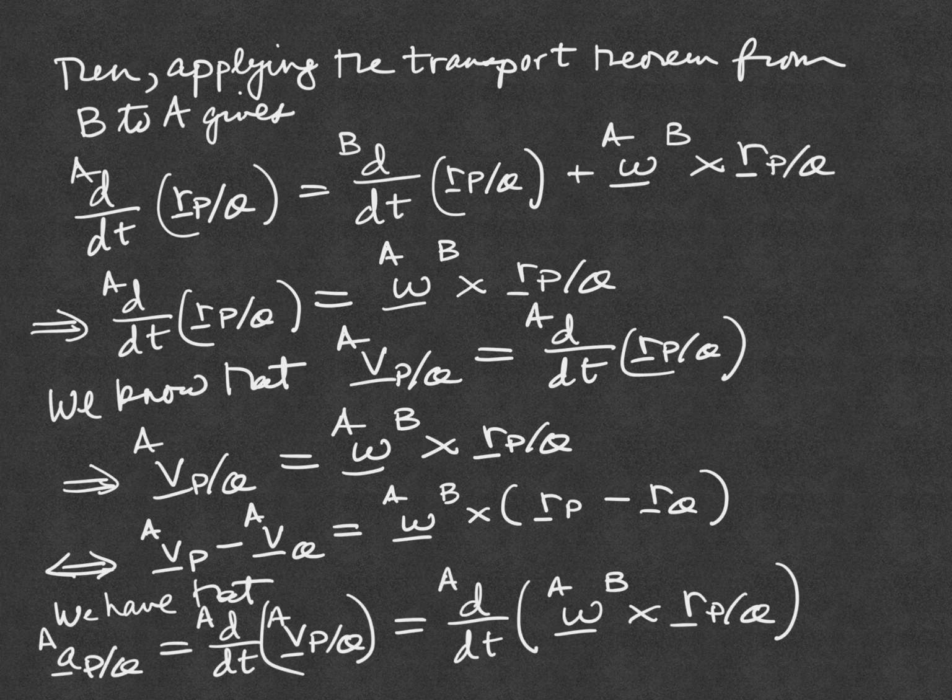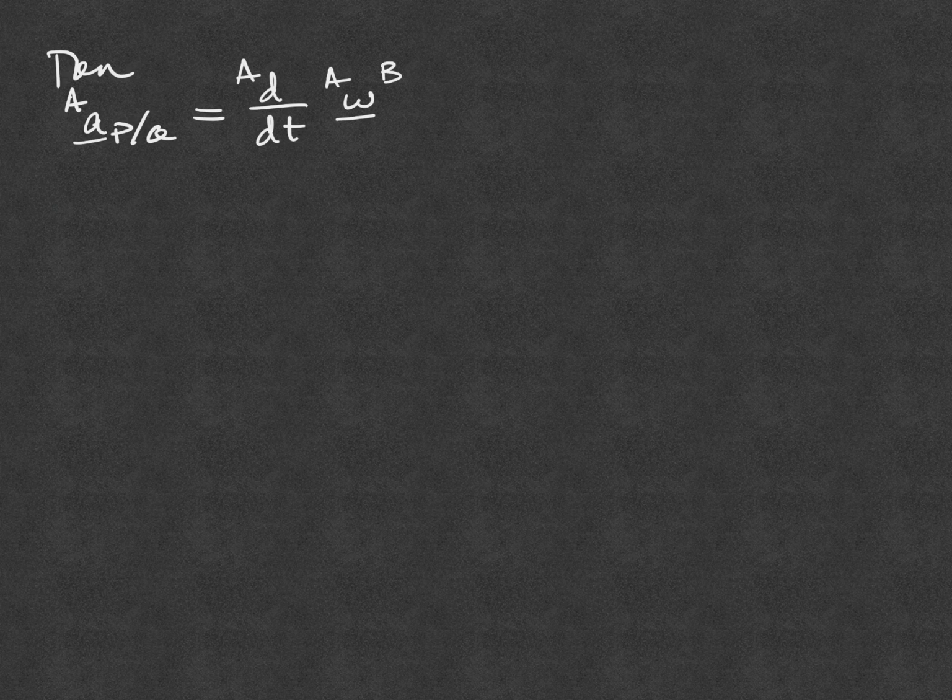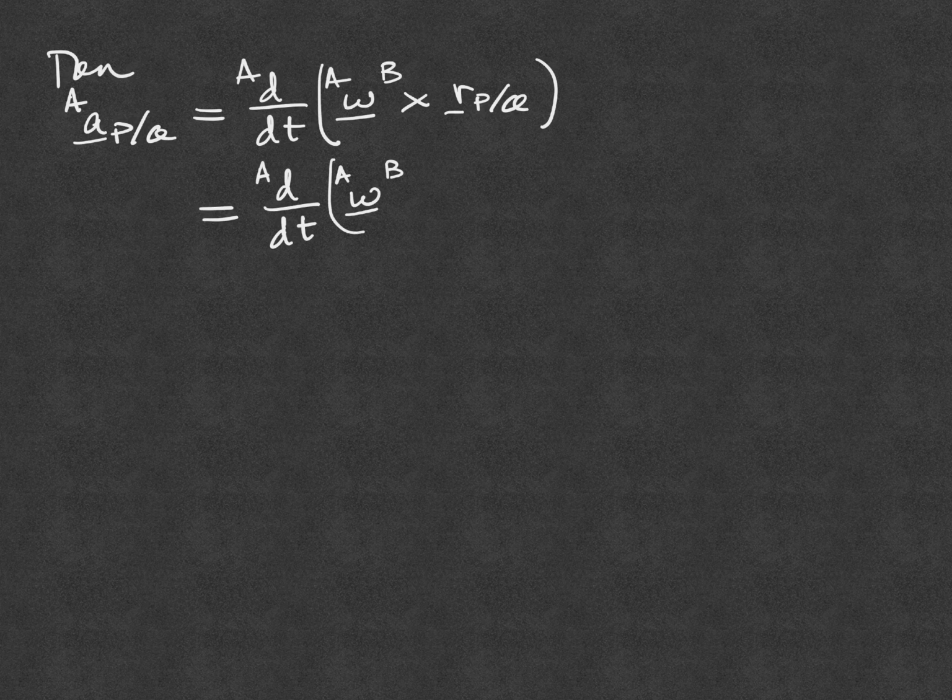Now let's expand this last expression to be able to get the final result for the acceleration of p relative to q in A. So then, the acceleration of p relative to q in A is equal to the rate of change in reference frame A of the angular velocity of B in A crossed with the position of p relative to q, which, if we expand this into two terms using the product rule for differentiation, we've got d dt in A of omega BA crossed with the position of p relative to q.